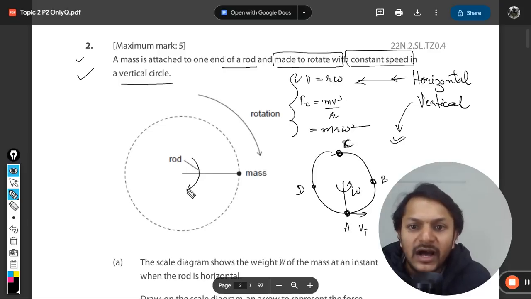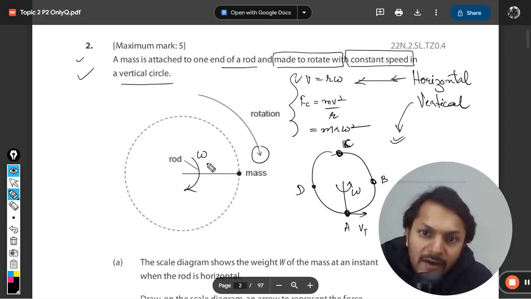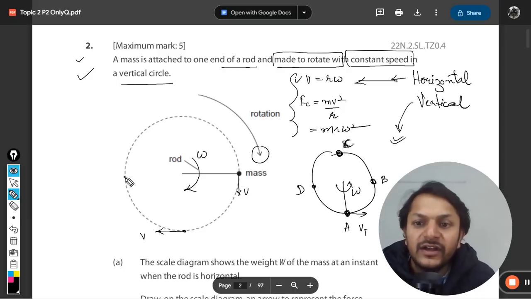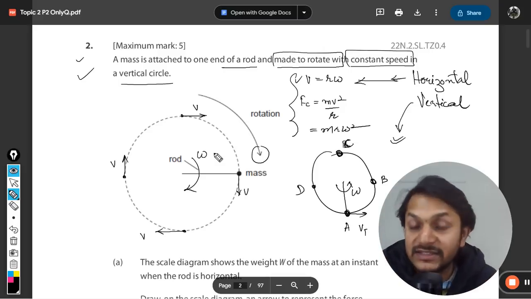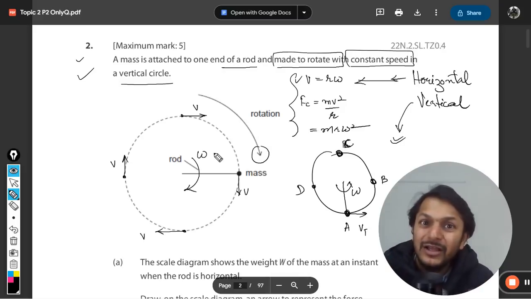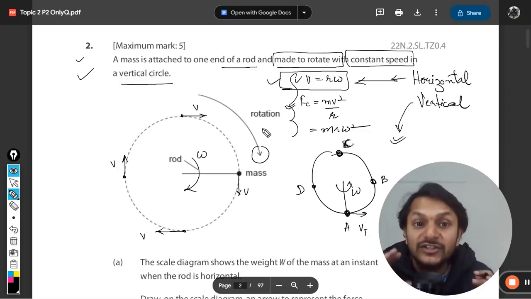So omega is constant. It means the body is moving with the same velocity everywhere, whether it is going upward or downward. So this becomes a case like a horizontal circle, because we are able to use v equal to r omega. We would be considering the centripetal forces, and the velocity does not change.